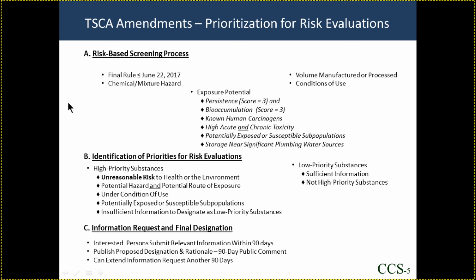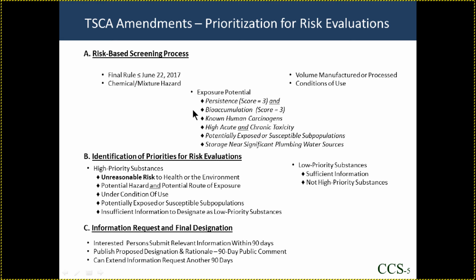As I said before, it will take into account the hazards. It'll take into account the manufactured or processed data that they have, the volume there in their data sets, and the conditions of use. You'll notice under exposure potential in the center of the chart there at the top that there is a priority in the law itself that they consider persistence and bioaccumulation as key factors in their evaluation.